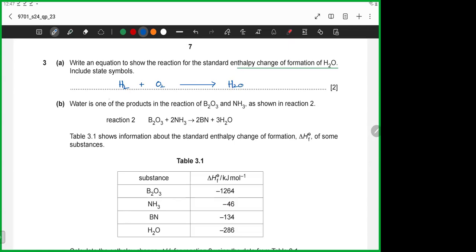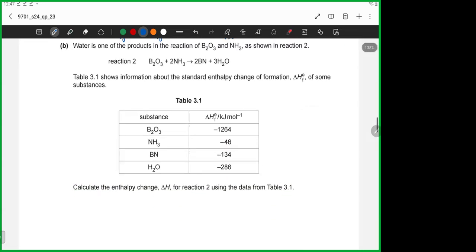And how do you balance it? A half oxygen. Okay, 1 mole of a compound is formed from its constituent elements, right? So this is gas, gas, liquid.